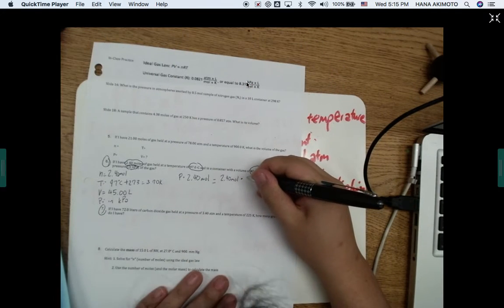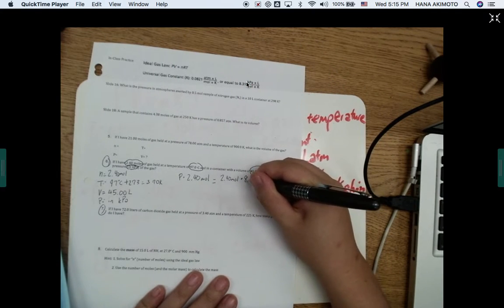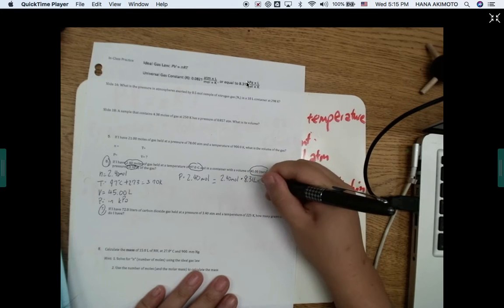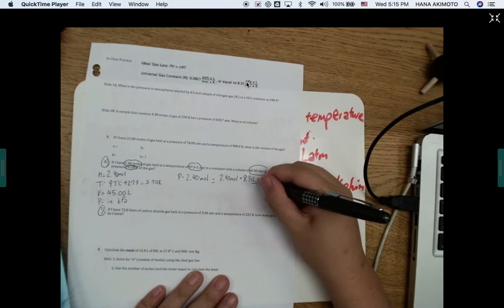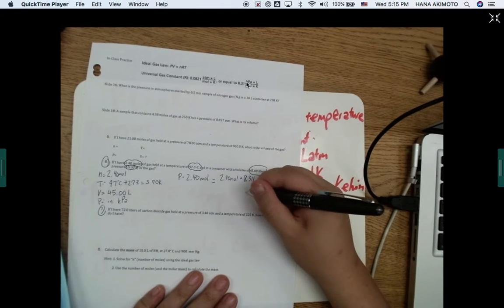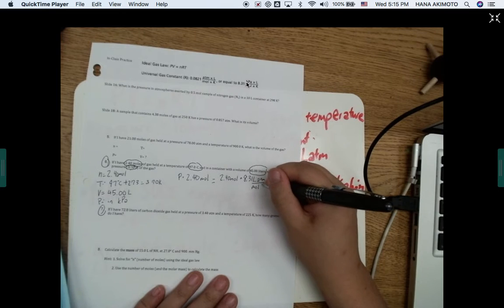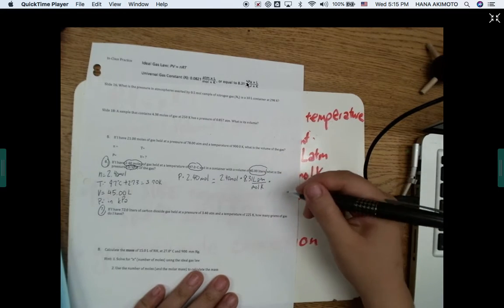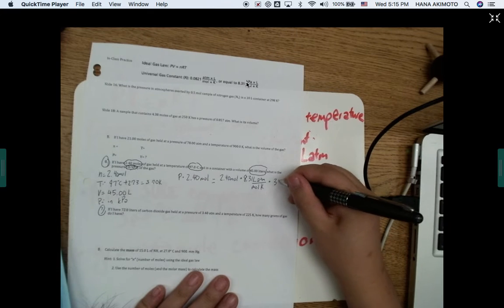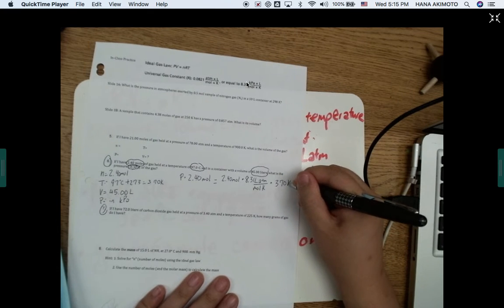So it's going to be 8.31 L·kPa, I'm going to run out of space, so I'm just going to write it this way, over mole·K, times temperature, which is going to be 370 K.